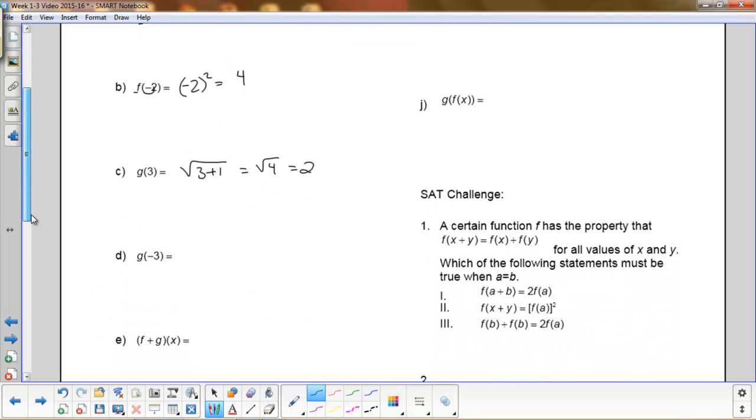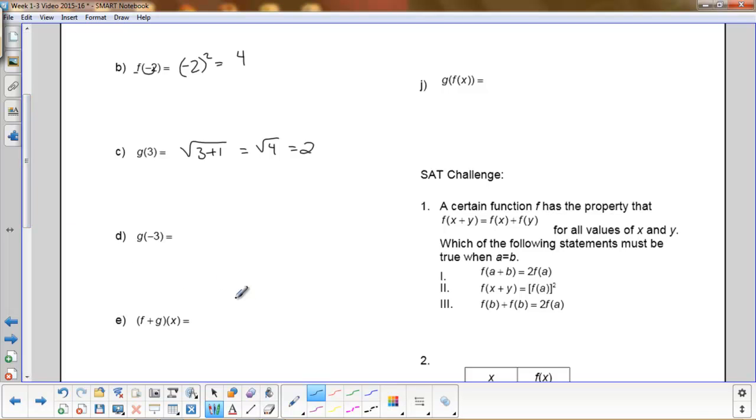Down to example D. Alright, we're doing the exact same thing, except this time we're substituting a negative number into the radical, which gives us a negative radicand. Now it becomes an issue because this is an undefined value. So we're going to go ahead and stop here for now.